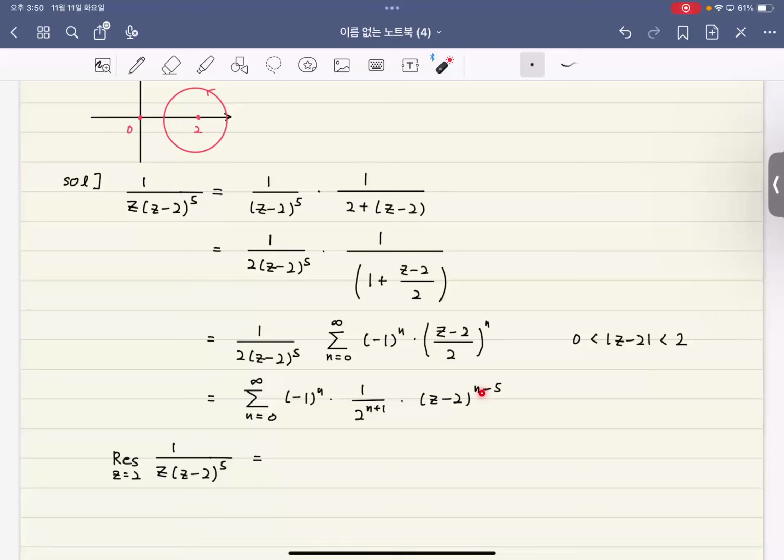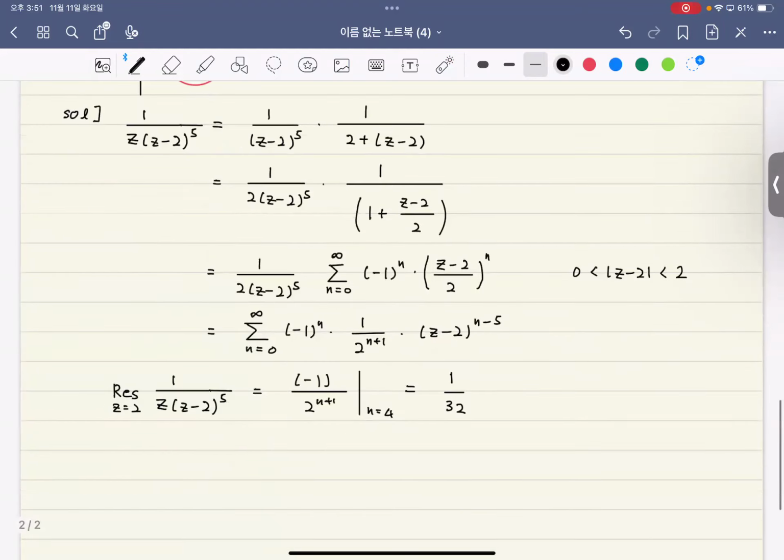Yeah, if I plug in n equals 4, then this should be z minus 2 to the minus first power. Good. So minus 1 and 2 to the n plus 1, and n is 4. So what is this? 1 over 32, I think.